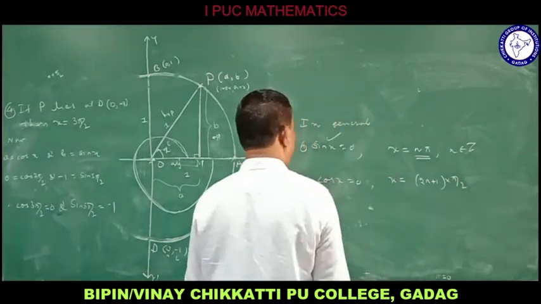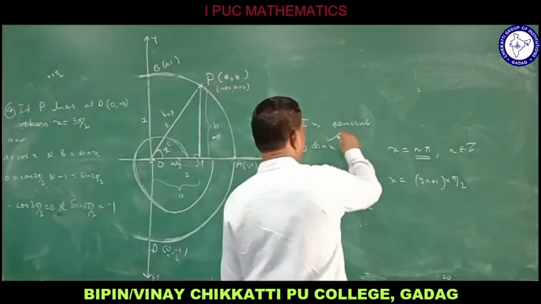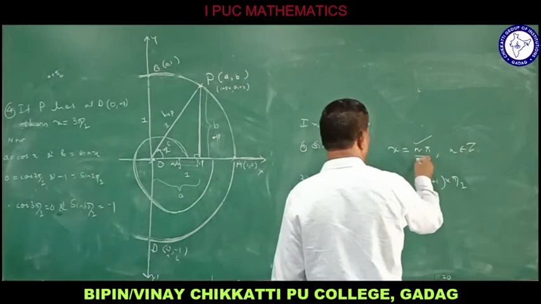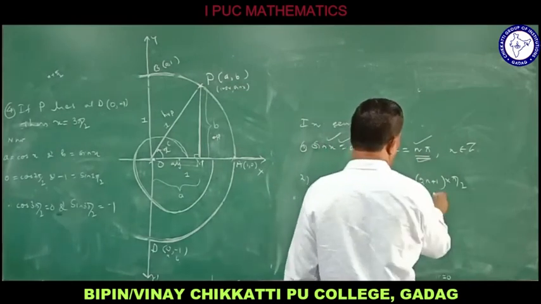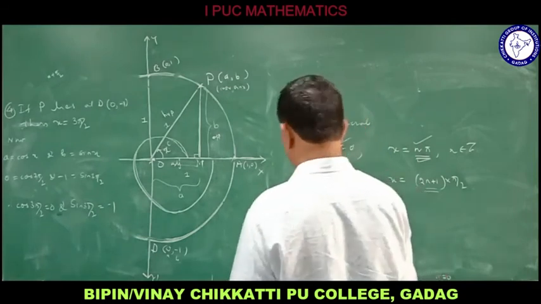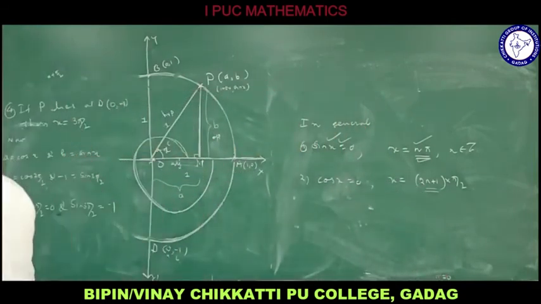So x is equal to (2n plus 1) pi by 2. Sin is 0 at integer multiples of pi, and here it is odd multiples of pi by 2. So these two facts you have to remember. Now with this I want to conclude that trigonometric functions in terms of sine and cosine only you have to understand.